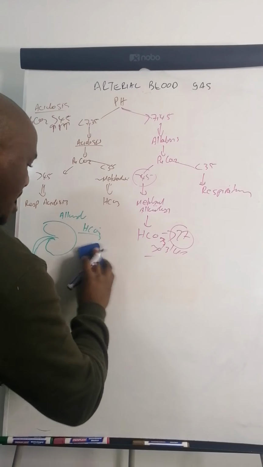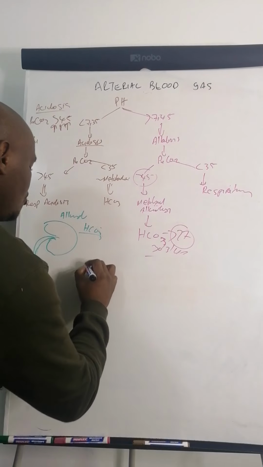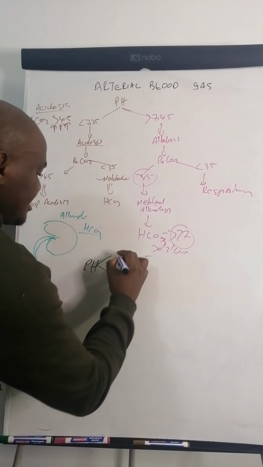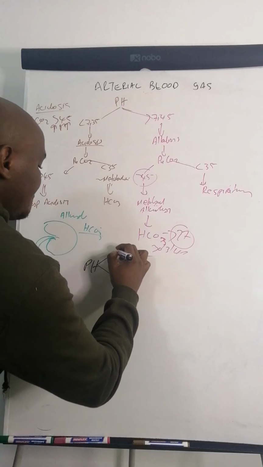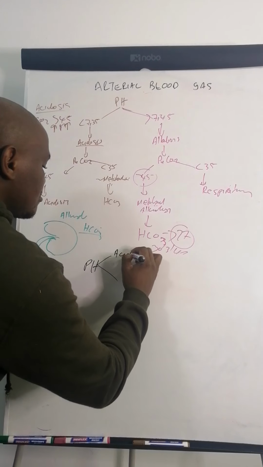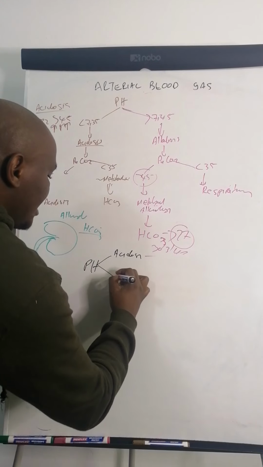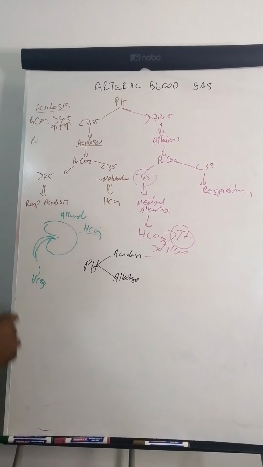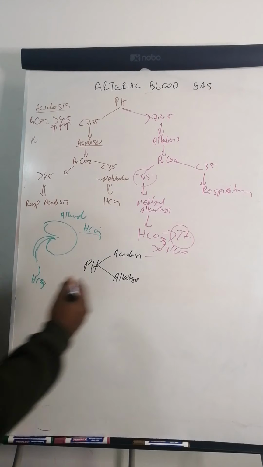Look at the pH. From your pH, decide if you are having acidosis or you are having alkalosis. Because the compensation and all those things, it becomes hard to understand if you don't understand this part.